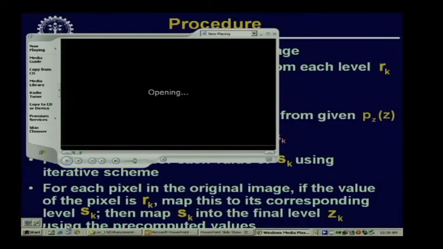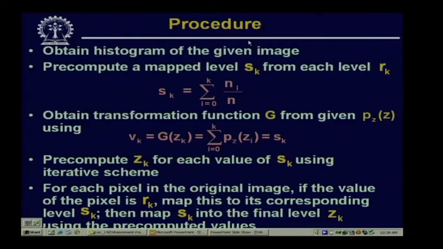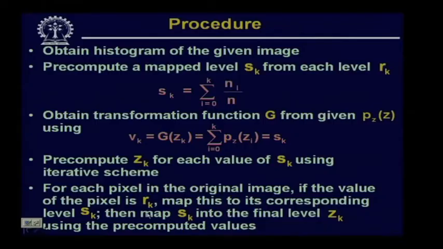So, you find that our iterative procedure will be something like this: first you obtain the histogram of the given image, then pre-compute a mapped level S k for each level R k using this particular relation.